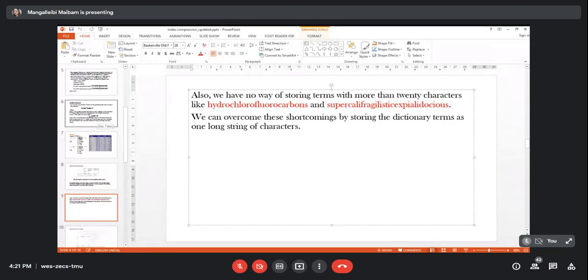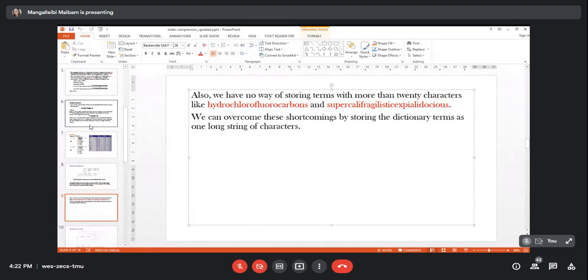What are the disadvantages we have? We are wasting, on an average, about 12 bytes using fixed width scheme. And the other one is for words or strings which have more than 20 characters, we cannot store them in fixed width scheme.